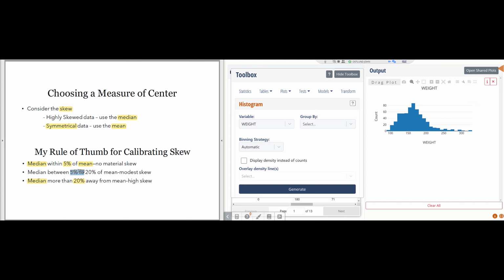Now, in between, you've got a moderate skew, and so you just have to make a decision about what you would rather think about as the center of your data. This is, frankly, subject to individual interpretation.